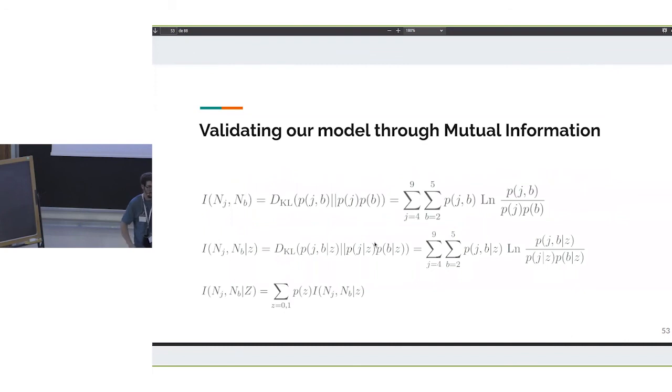So what we did to validate our model is to check the explicit assumption of conditional independence using the mutual information. So the mutual information of two variables is basically the KL divergence, not a distance because it's non-symmetric, but this relative entropy between the full joint distribution and the product of the two marginal distributions. So this encodes our modeling assumption.